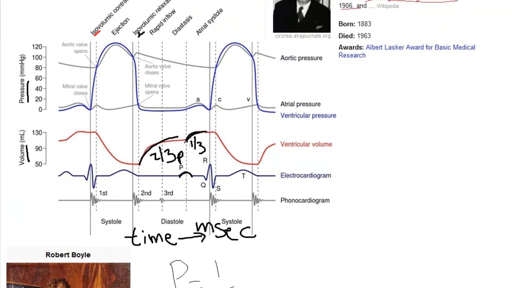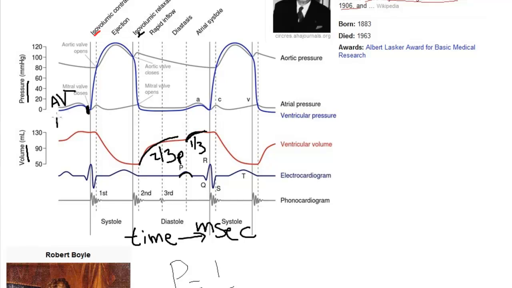So now we kind of know where to start. It's a cycle, so you can start anywhere, but let's take that point over here. Let's start right here. It says mitral valve closes. The mitral valve is the AV valve.